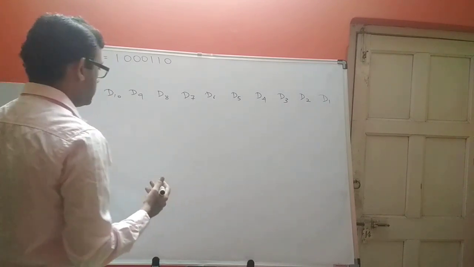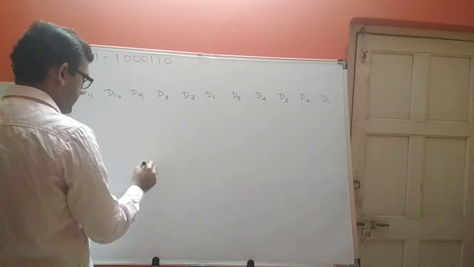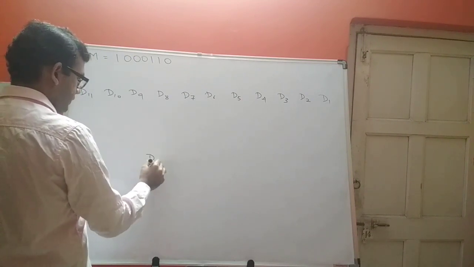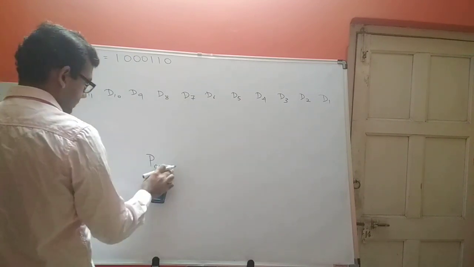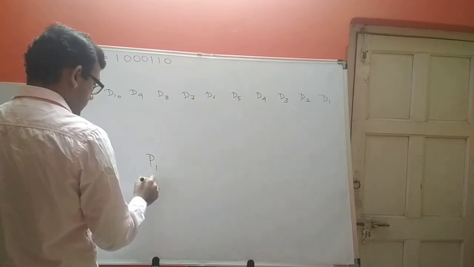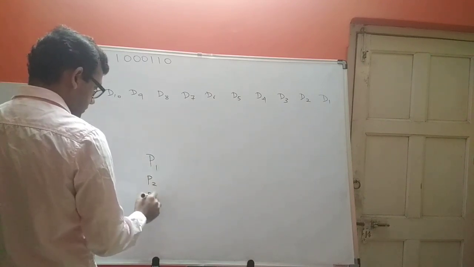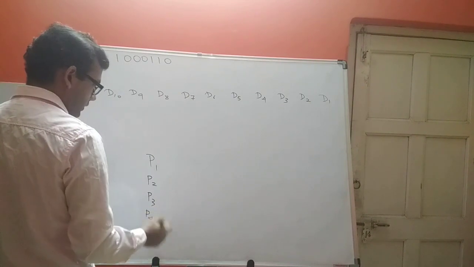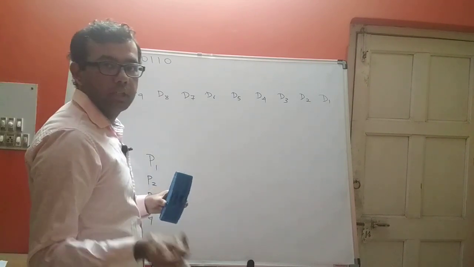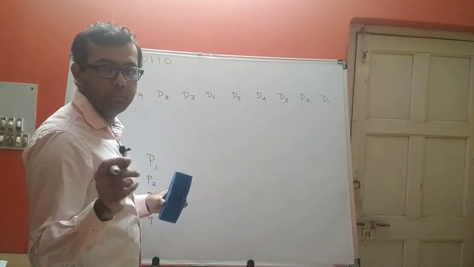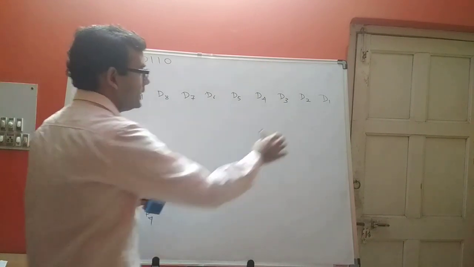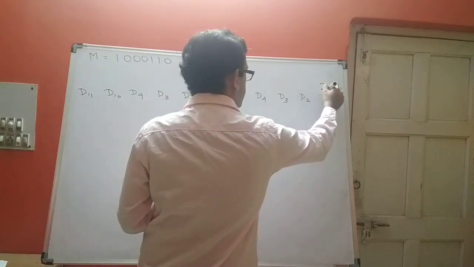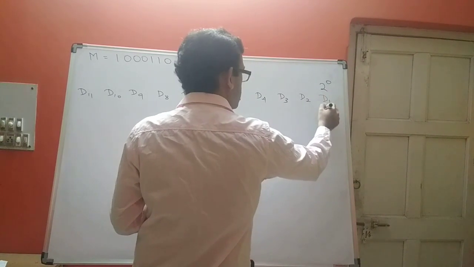Now, what about the parity bits? How many parity bits do I have? I have 4 parity bits, right? So I have parity bits 1, 2, 3 and 4. Now, where do these parity bits go? They'll always go in positions which can be expressed as powers of 2. This is position 1, which can be expressed as a power of 2, 2 to the power of 0, sorry.